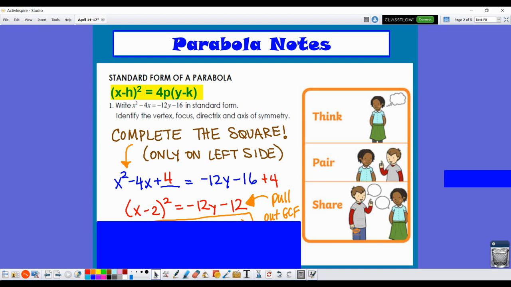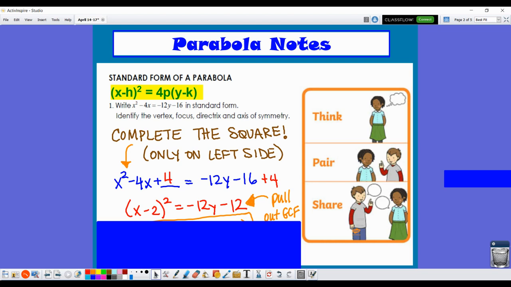Then on the right side, I'm left with negative 12y, and then I add negative 16 plus 4 because they are the like terms, and I'm left with negative 12. So my equation right now reads the quantity of x minus 2 squared equals negative 12y minus 12.